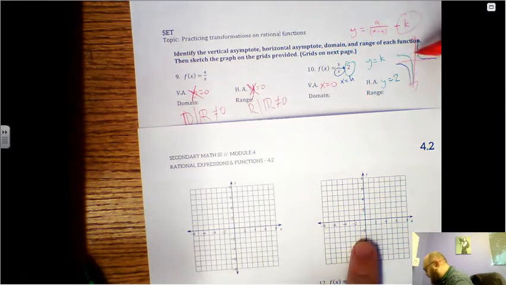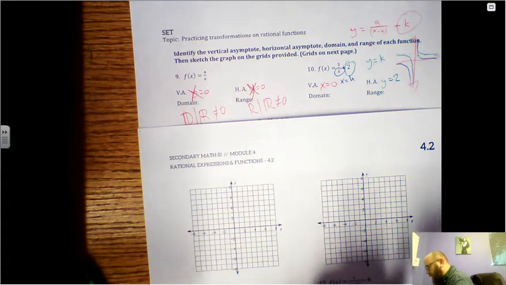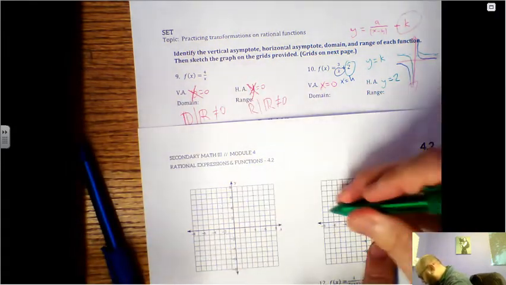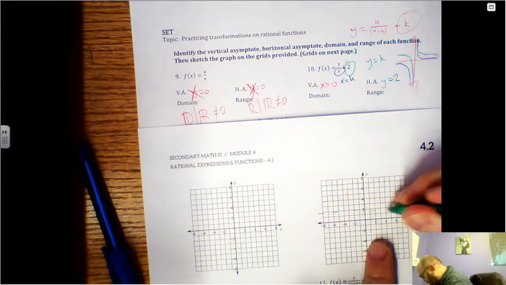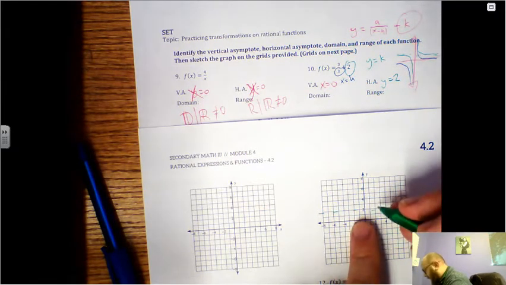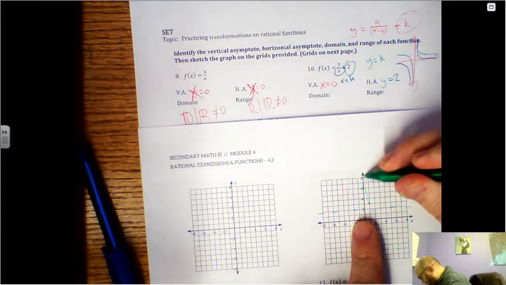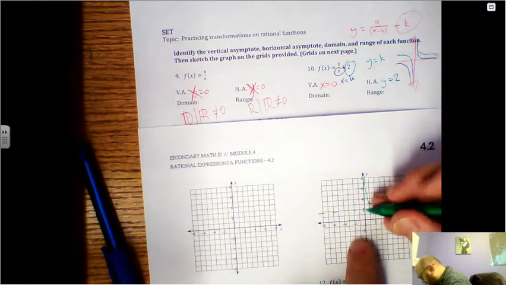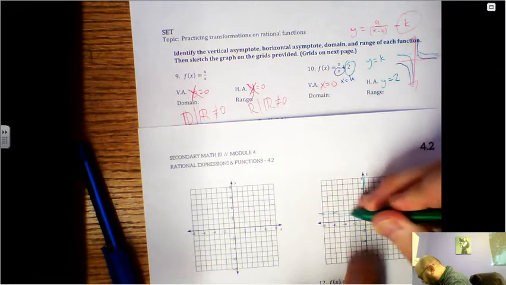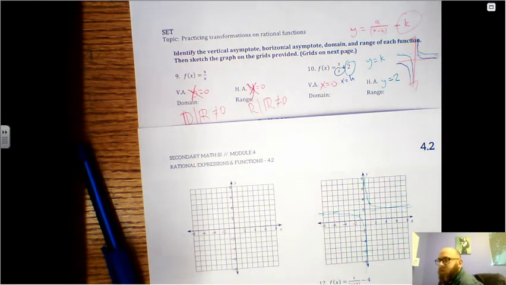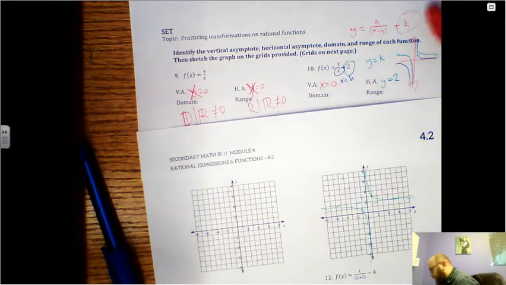So here you see I had my asymptote up at 2. So that's how I would end up graphing this. So it would probably look something like this. It would probably look something like this. And that's how we would do all of these. Okay. So be mindful of that.